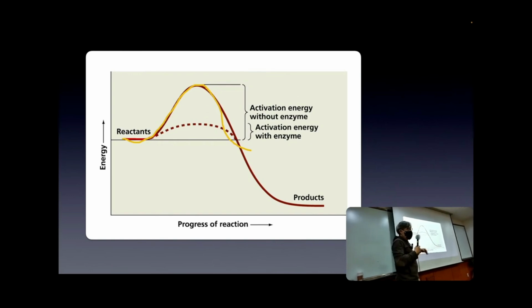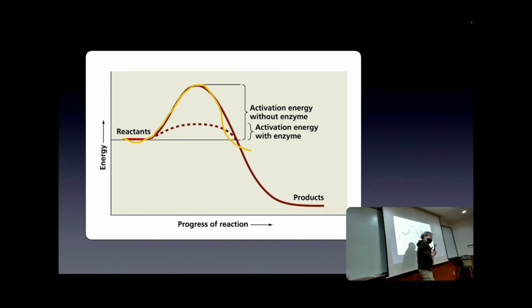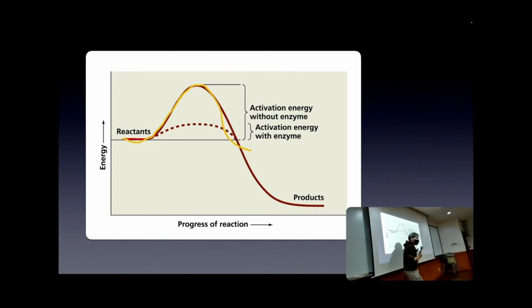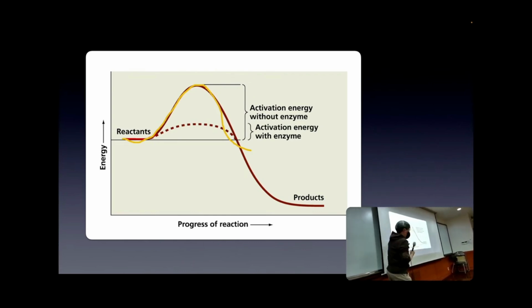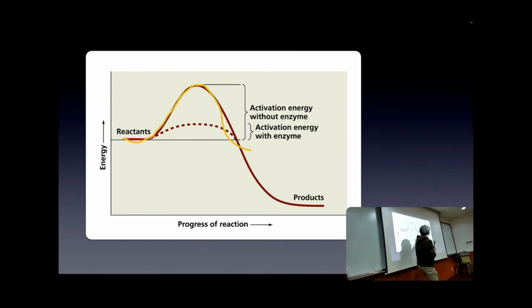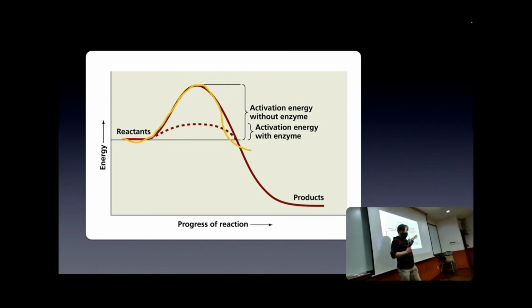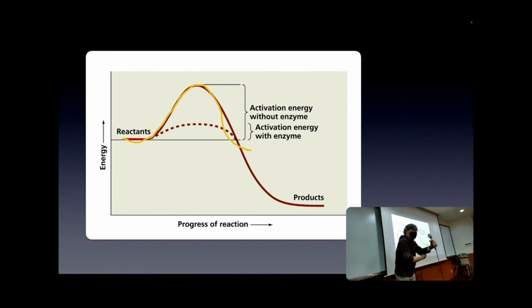So the starting molecule has a higher energy, and then the end product became a much lower energy status. It means all these energy differences were released. Isn't it the characteristic of a spontaneous reaction? Yes, it is.